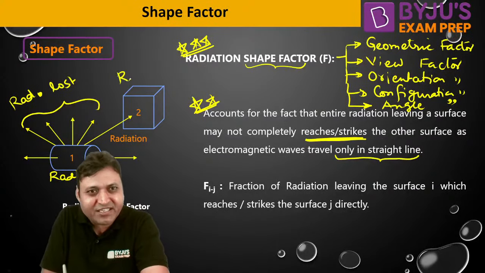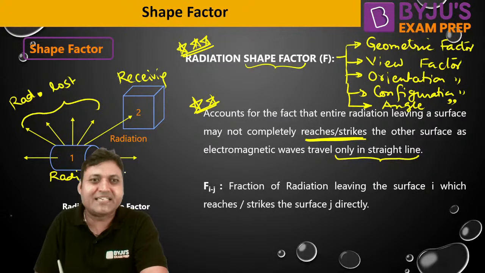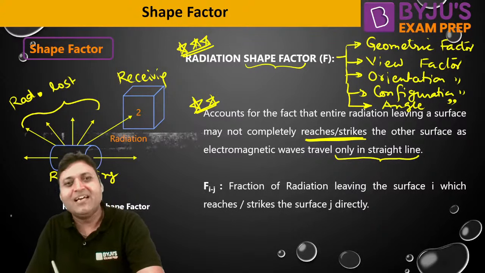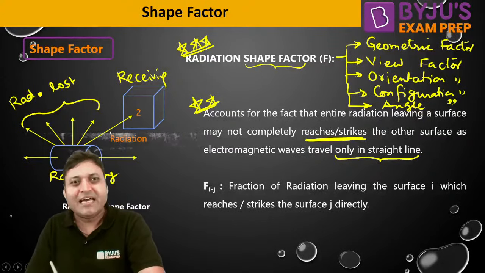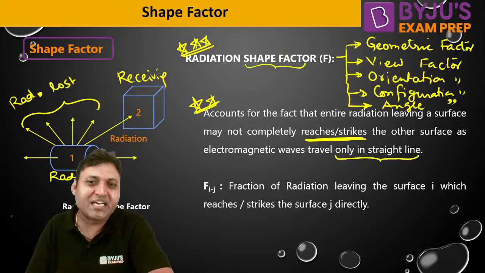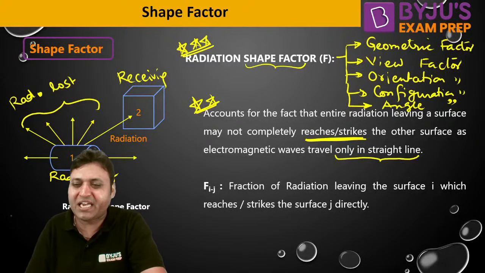So it gives us information about the amount of radiation leaving a particular surface and reaching the other surface, the receiving surface. The amount of radiation leaving one surface and reaching the other is measured by the value of the shape factor. Is this clear to everyone?